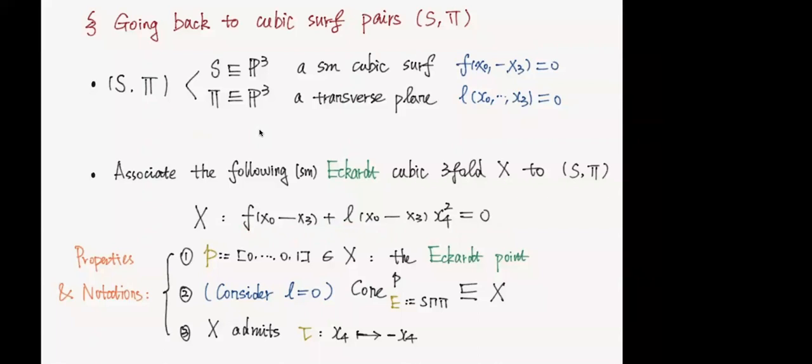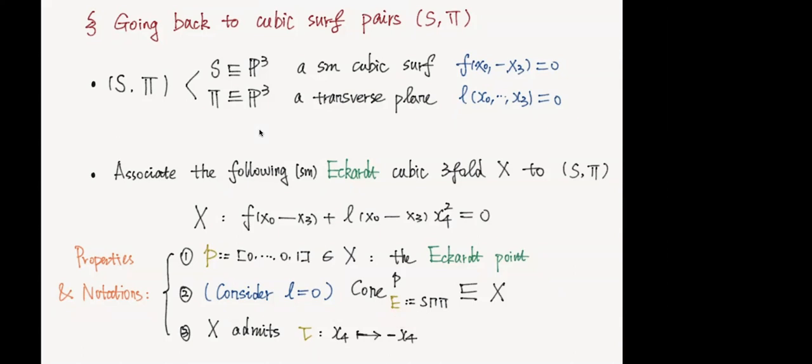We call it the Ichi-card cubic threefold essentially because it contains a cone. This guy is also smooth. As I said before, if you let L equals 0, F has to be 0 and X4 can be anything. In that way, you can see that this X contains a cone. The vertex is just this Ichi-card point P, and the base is basically F intersect L, which is a smooth elliptic curve.